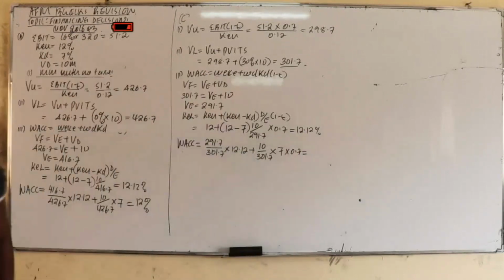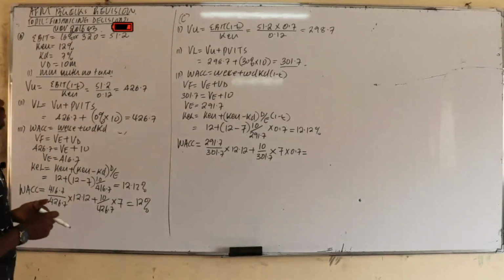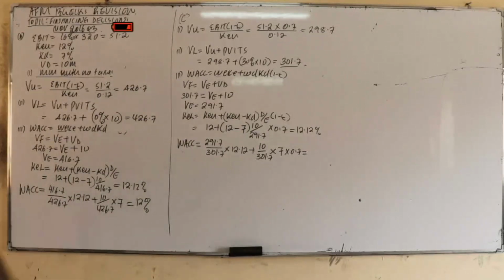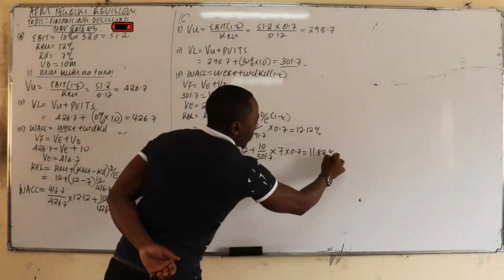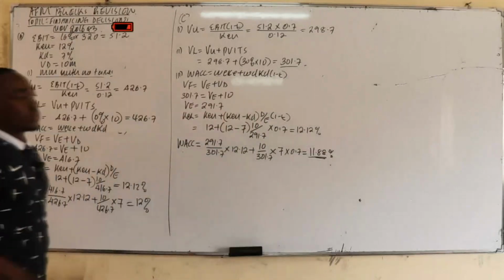So how much is that? 11.8. Get your 20 marks. So you can take a screenshot.